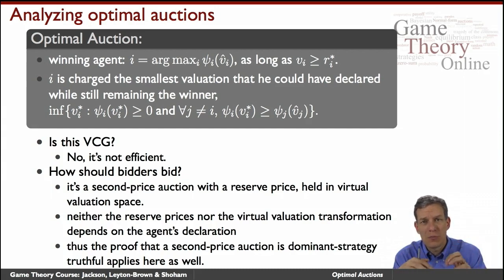So you still get these nice properties in terms of the incentives of the auction, but it's different in terms of what the specifics are in terms of the payment rule, and we're not always doing efficient things in this world.